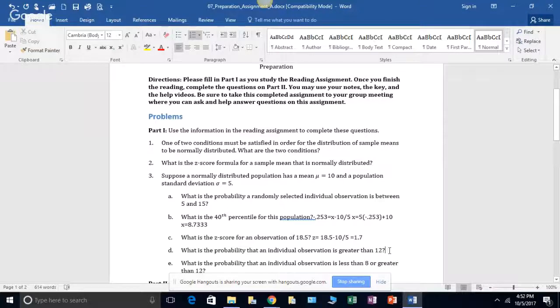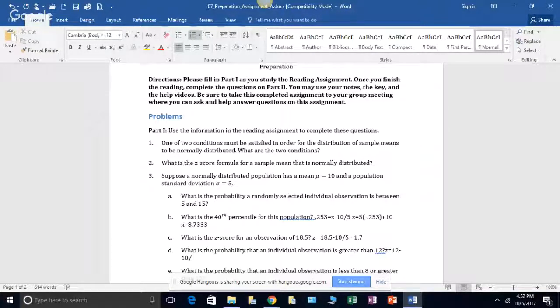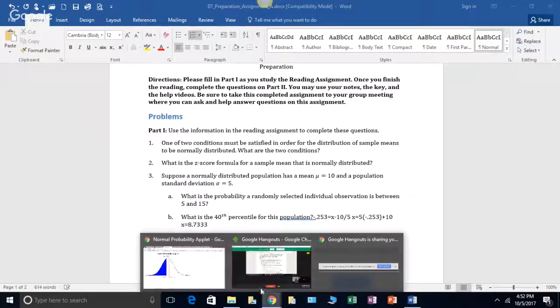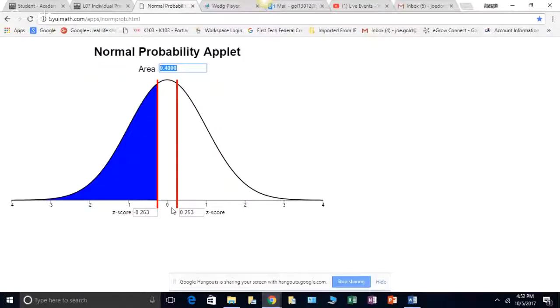Then again, this one is z equals 12 minus 10 divided by 5, equals 0.4. So we go to 0.4 on the applet because it's asking for greater than 12. So hold on, let's go there. What did I say? 0.4? Mm-hmm.